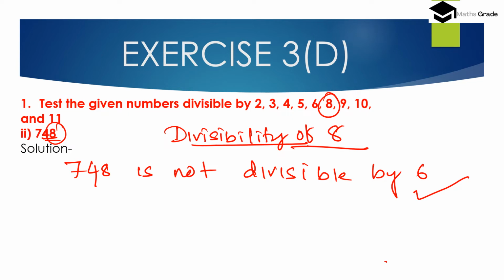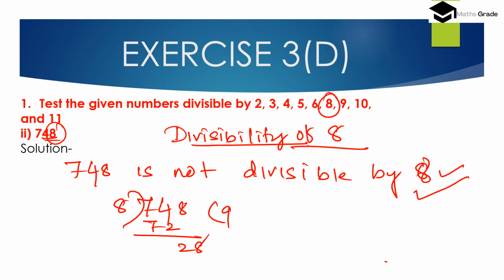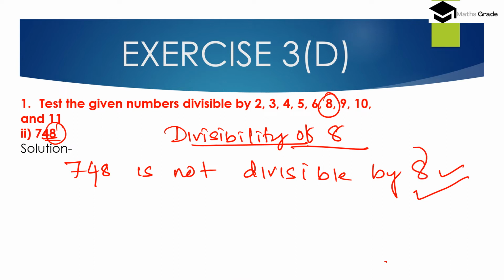Here the last 3 digits, that is 748, is divisible by 8 or not. 8 nines are 72. The remainder is 4, so 748 is not divisible by 8 because the last 3 digits of the number are not divisible by 8.